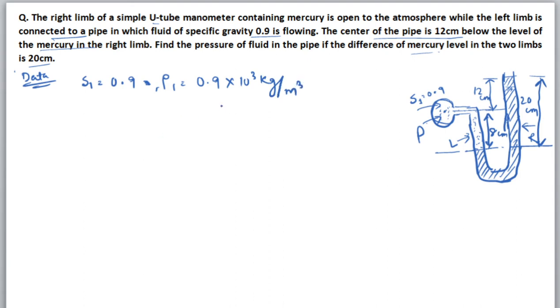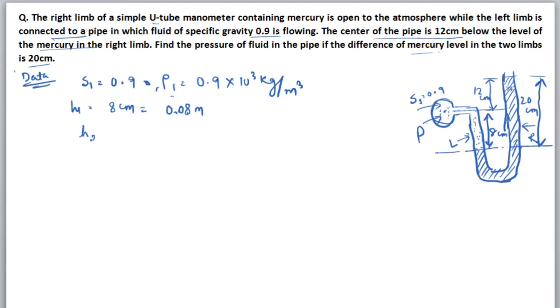This is the formula to calculate the density of the liquid. After that, the height of the liquid in the left limb is equal to 8 centimeter. Convert that into meter: 0.08.